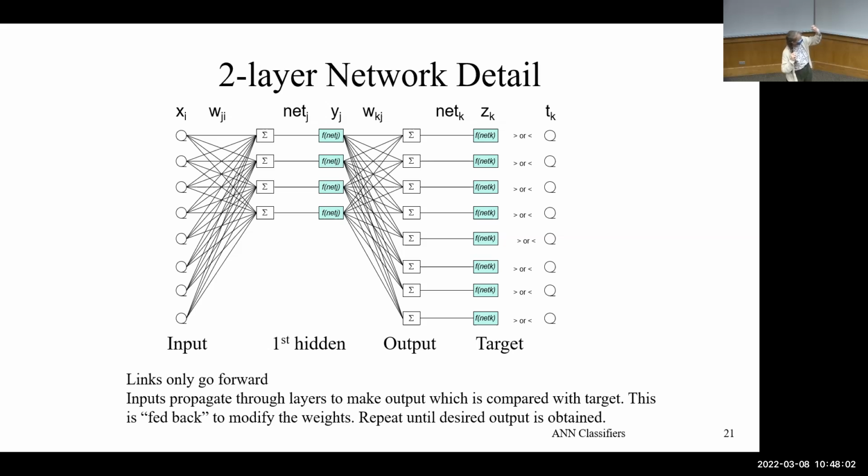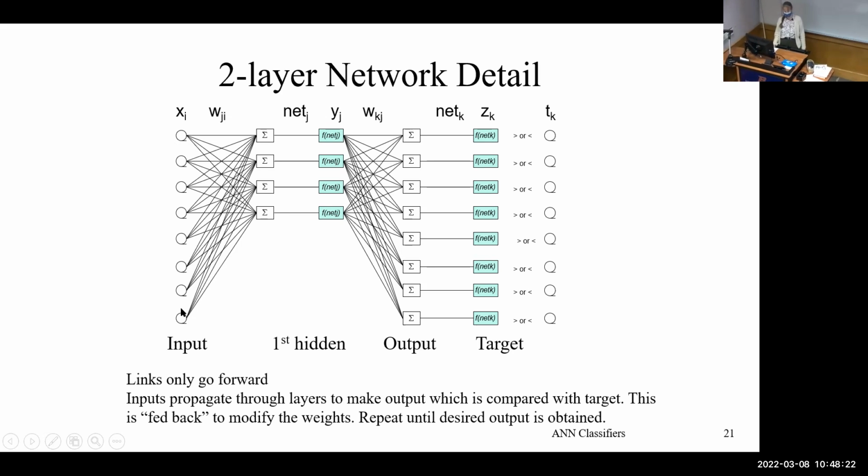And if you do it right, if your weights are correct, ZK will be equal to TK. If you've trained it, ZK is going to be equal to TK for every input.